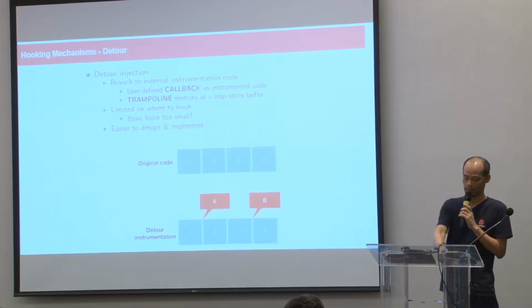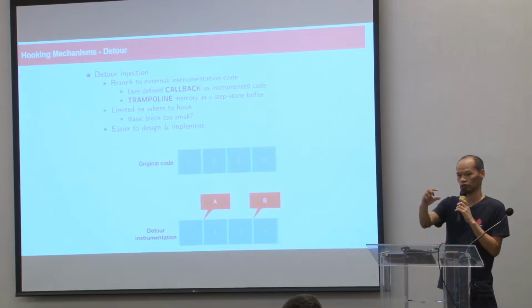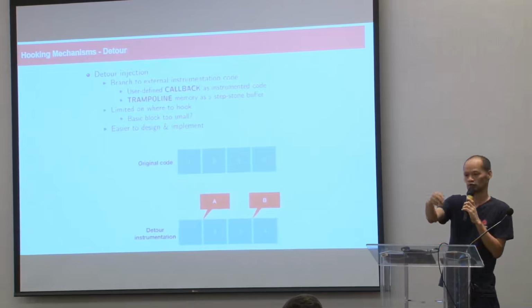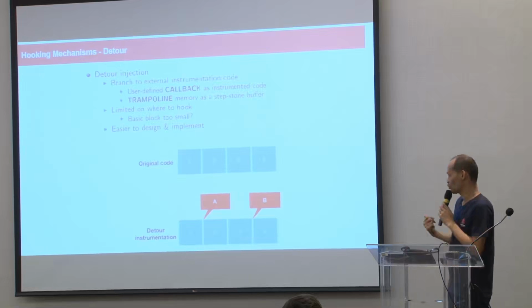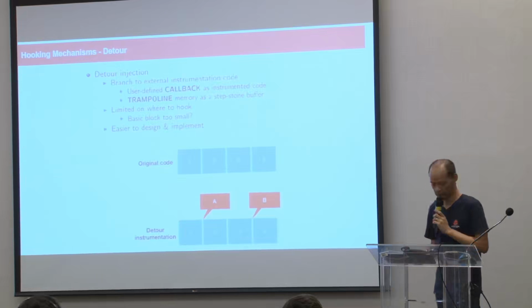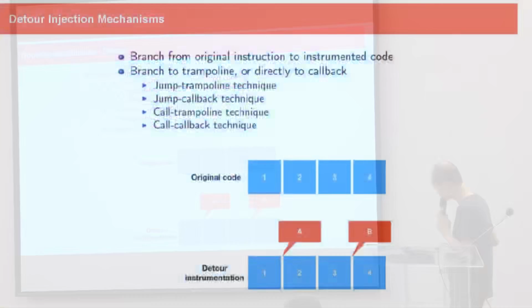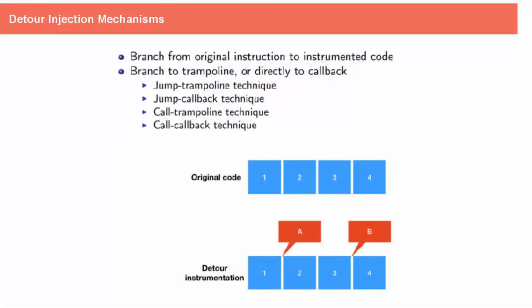For example, if the basic block is too small, you cannot override that basic block, because you would override into the next basic block, right? However, this detour hooking is very easy to implement, very easy to design. So we decided to go with detour hooking for our DPI.